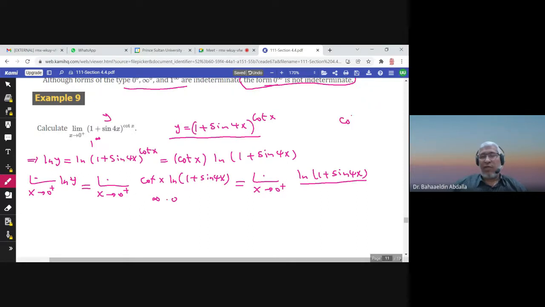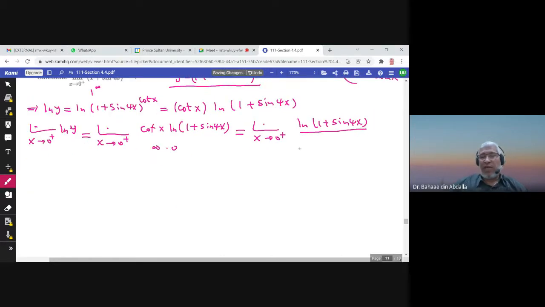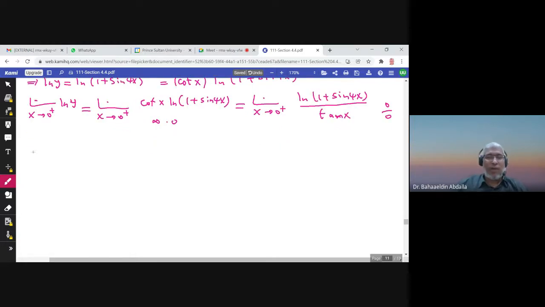I know that cotan x is 1 over tan x, so immediately I can bring it down as tan x. Now if I replace x by 0, I will have 0 over 0. Tan 0 is 0 and ln 1 is 0. So now I can use L'Hopital's formula.